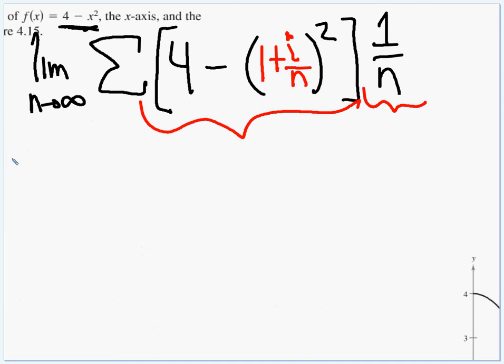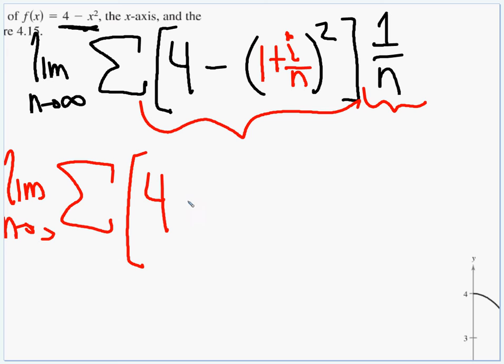All right, so we've got our limit. We will let n go to infinity at some point. We have our summation, and we have 4 minus. Now I'm going to switch to blue ink and we're going to FOIL this out. Notice we are subtracting a squared quantity. So after we FOIL this out, we still want to subtract it as a quantity. So let's start FOILing. First times first is 1.